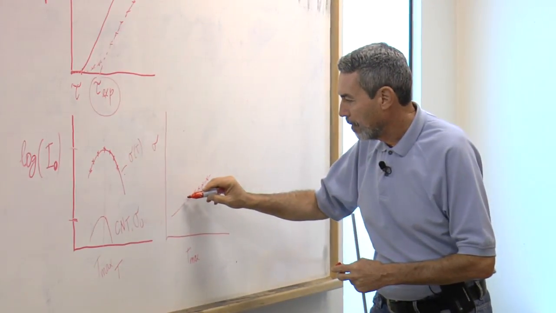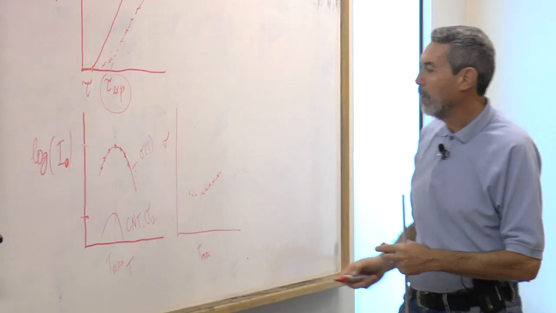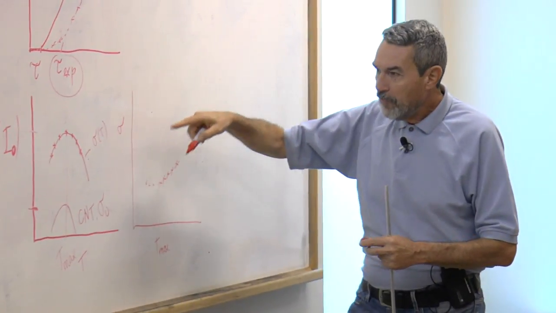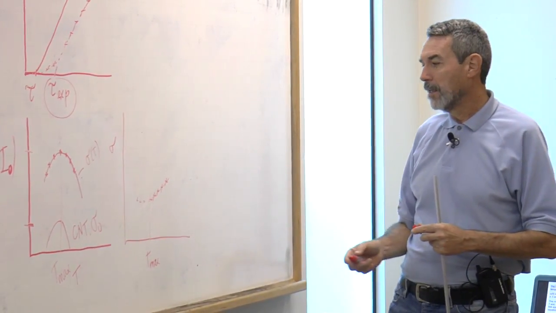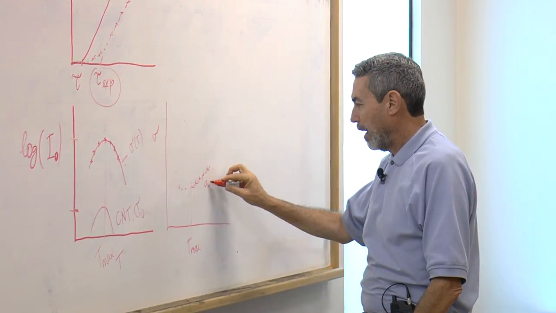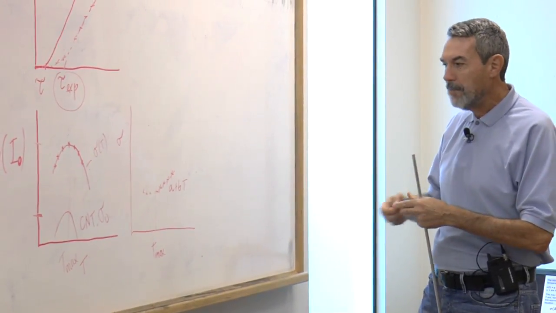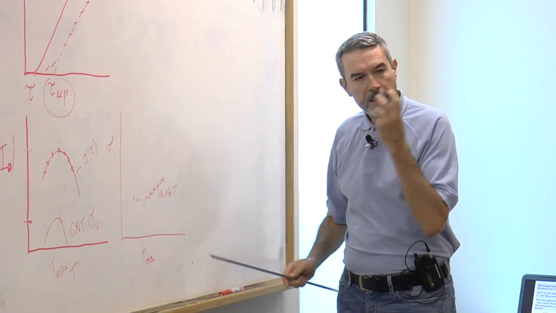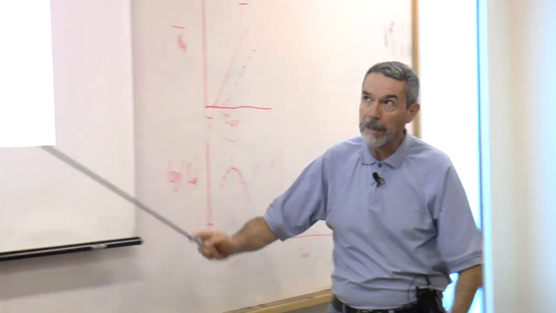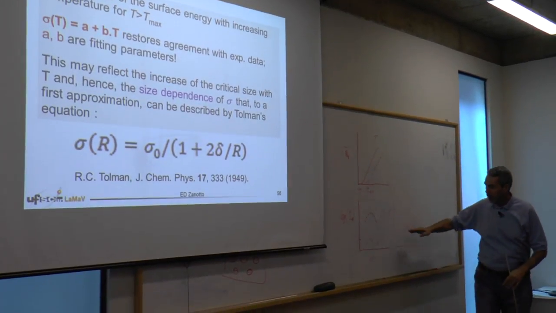But then some strange behavior below T max. So even force fitting the sigma to restore agreement. So we have A plus BT. One can describe the experiments using a very simple expression for sigma, only above T max. It does not work below T max.